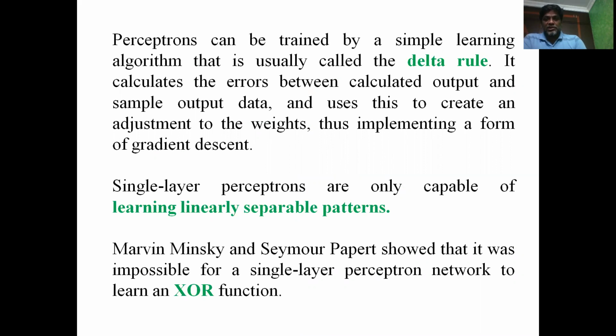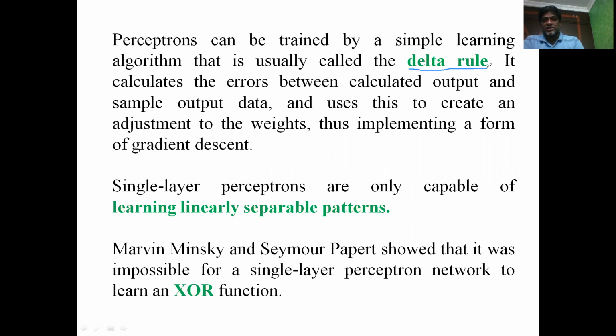There are a few more things that we need to understand about single layer feed forward neural networks. They can be trained by using a simple learning rule, which we discussed in the second unit. That is called the delta rule, where we calculate the error term as the difference between the actual output calculated and the desired output.